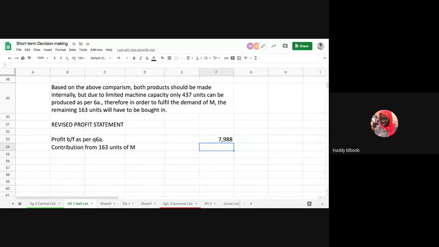I think it will be 163 multiplied by the purchase price for M, which is 24.